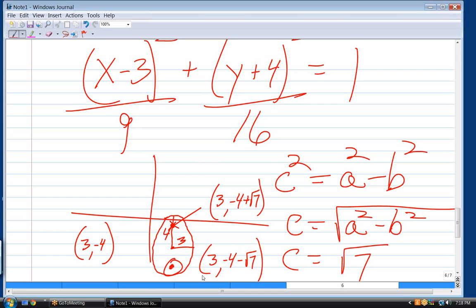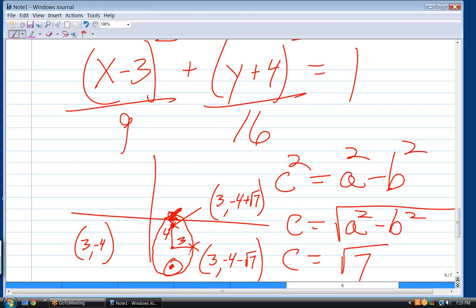And so actually we know where everything on this ellipse is. What's the coordinate right there? The top vertex. It's -4 plus 4, so 0. This thing goes right through the x-axis right there, not the way I've drawn it, but that's what it should do. So what's this point right there?